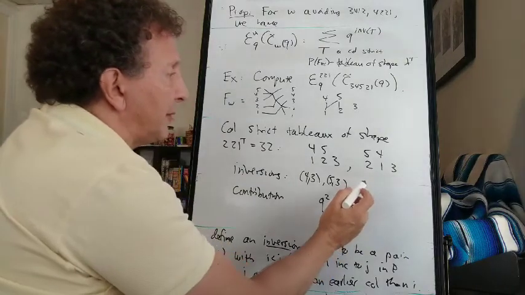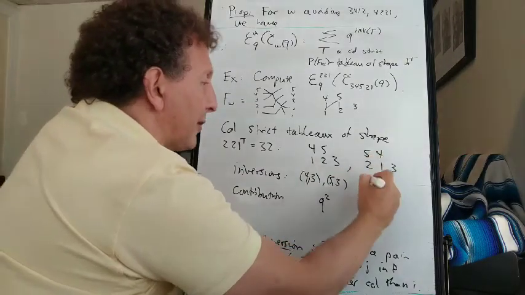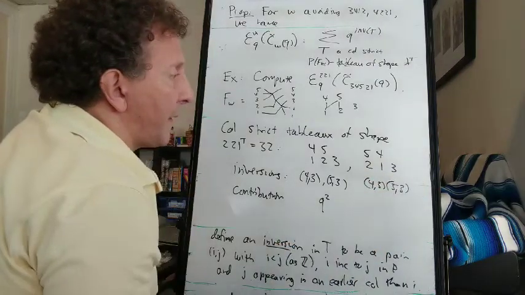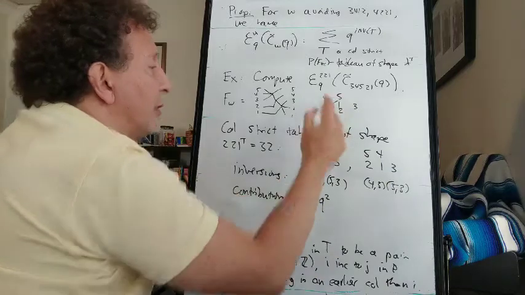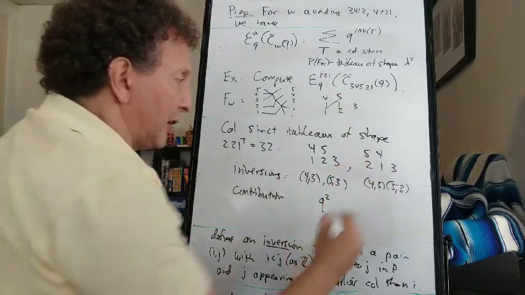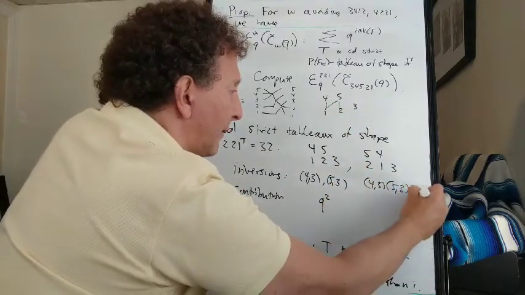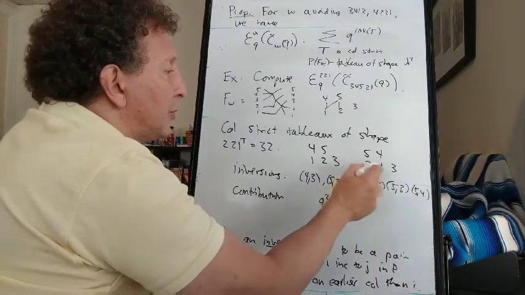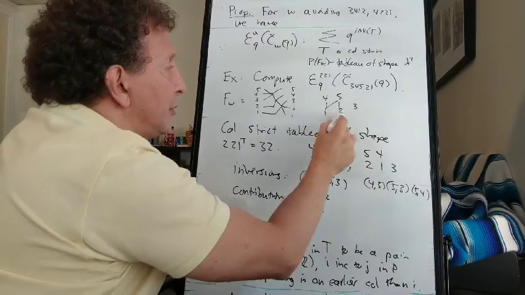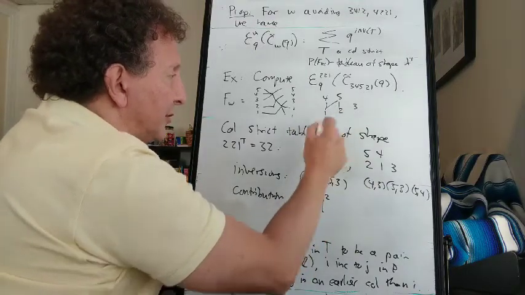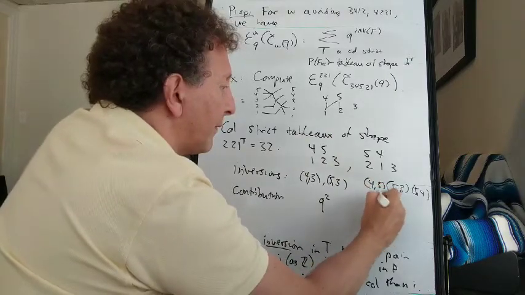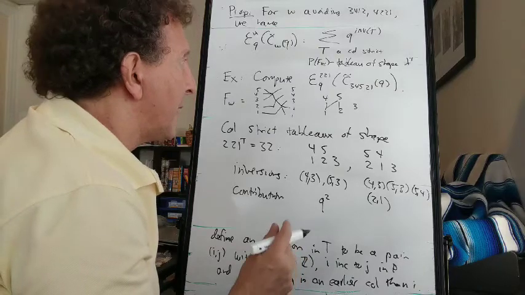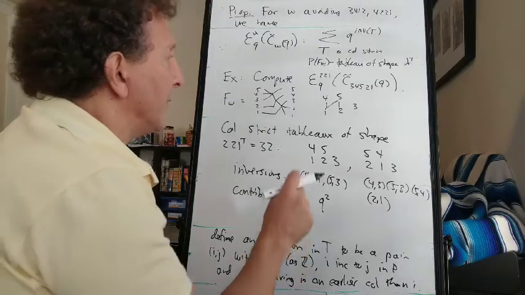Then here we have 4 and 3 and 5, 3 again. Now we have 5 and 4. 5 and 4 are incomparable, and 5 appears in an earlier column. Two and 1. 2 is greater than 1 as integers, and they're incomparable in the poset.